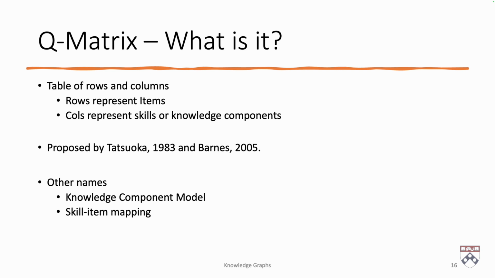This was initially proposed by Tatsuoka in 1983, and then of course Barnes also worked with it and came up with a technique for learning these Q matrices from data. It has other names. Sometimes it's referred to as knowledge component model, sometimes it's referred to as a skill item mapping, and a few more.